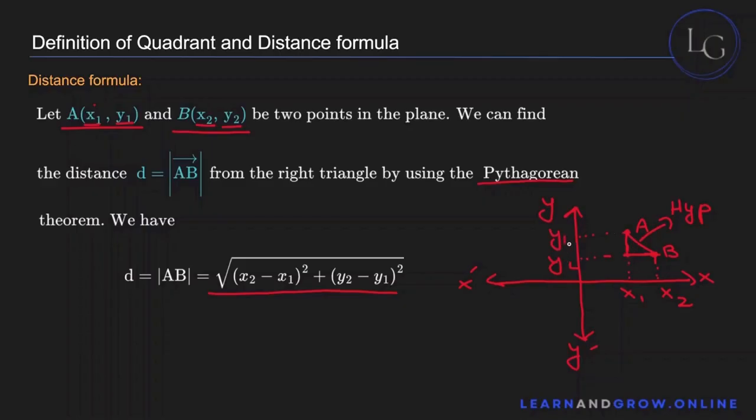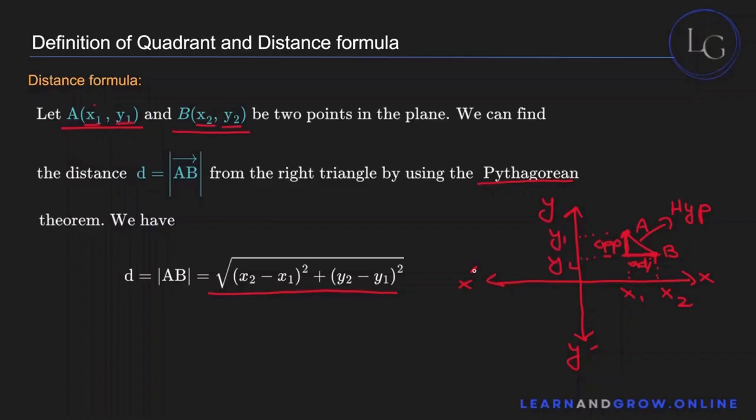The difference between its y values is this one here, and this will be the opposite side, and the difference between the x values will be the adjacent. So if you apply the Pythagorean theorem on it, the opposite side is clearly y2 minus y1.